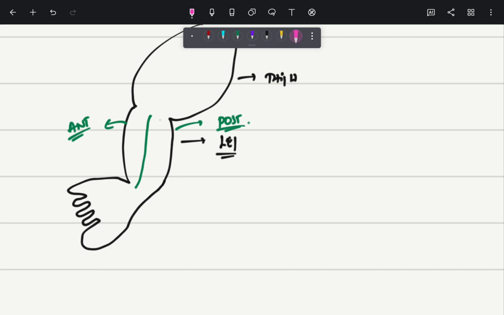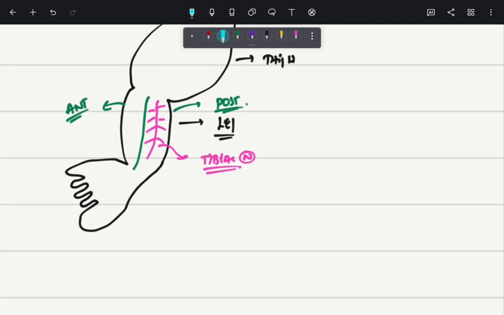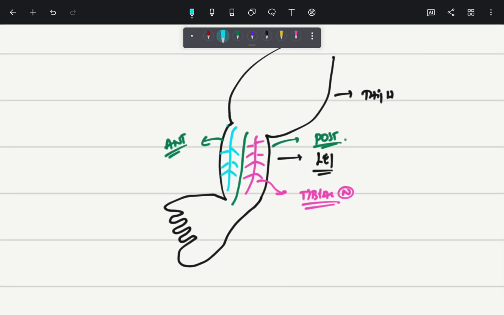Now the posterior compartment is usually supplied by a nerve called your tibial nerve. So the tibial nerve is going to supply all the muscles which are present in the posterior compartment, and in the anterior compartment there is this nerve called the deep branch of your common peroneal nerve.